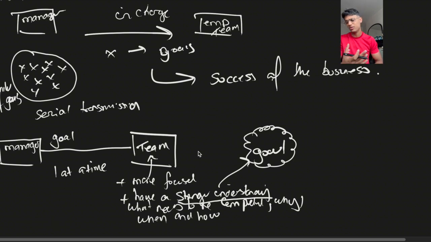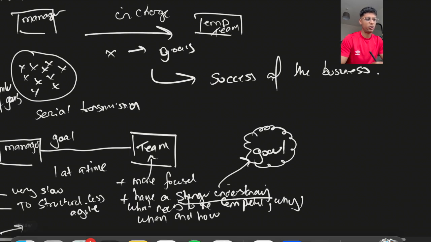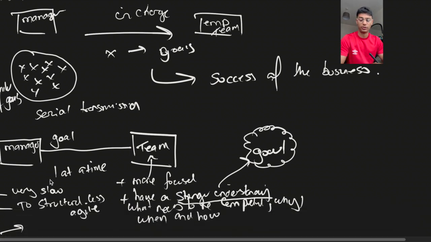But what could be the problems with this? The problem is that it could be very slow. It could be too structured. Less agile in a way. And it really follows something called the waterfall software lifecycle, or the waterfall model, which is stuff being completed one at a time.